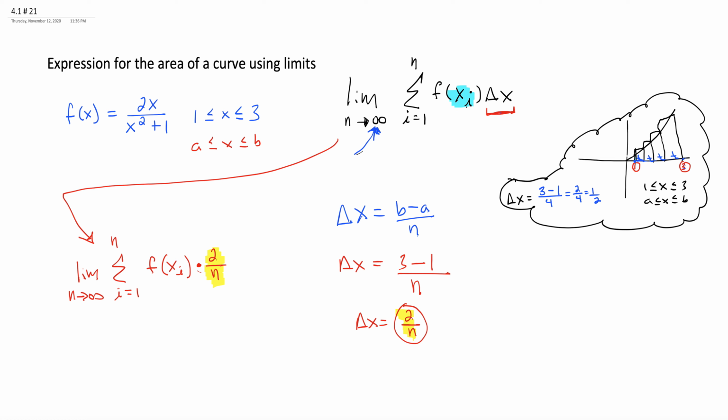And it's not any value, by the way. It's a specific value. It's a smart value. You wouldn't be putting in every possible tiny value here. You'd be putting in specific values that correspond to the next subinterval.